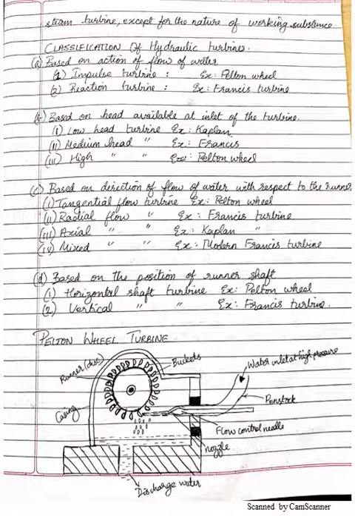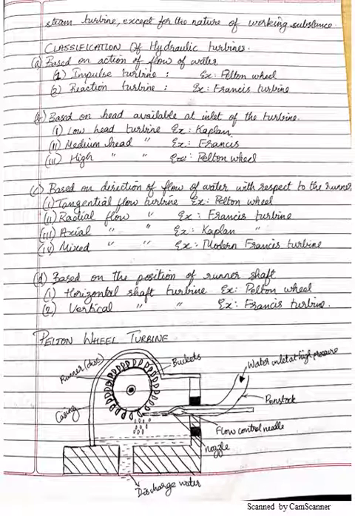And then based on the head available, that is how much water is there above the turbine, whose potential energy is being converted to kinetic energy and then to electrical energy, it's classified into three types: low head turbine, medium head turbine, and high head turbine. Examples: a low head turbine is a Kaplan turbine, a medium head turbine is a Francis turbine, and a high head turbine is a Pelton wheel turbine.